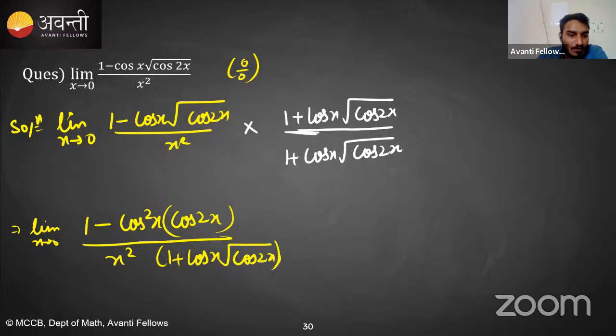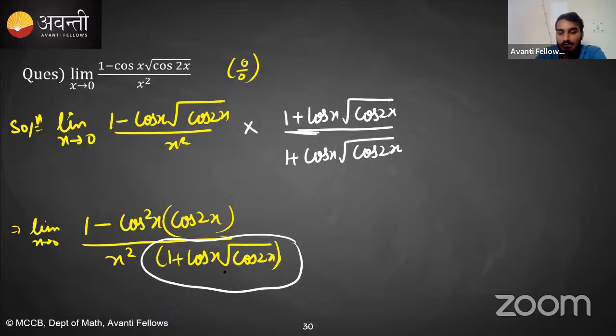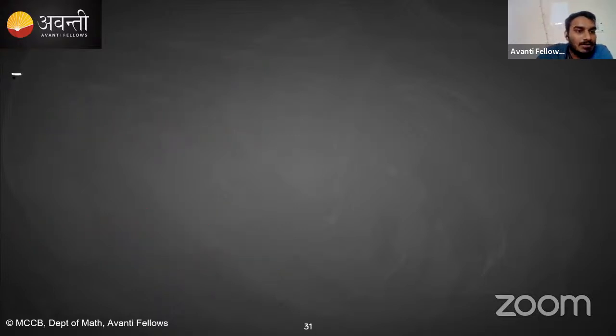This expression is not contributing to the indeterminate form, so we can directly substitute x is equal to 0. Put x is equal to 0, what you will get? 1 plus 1.